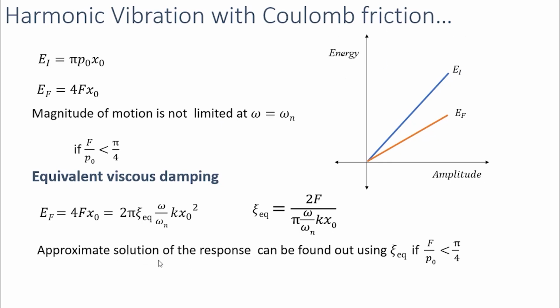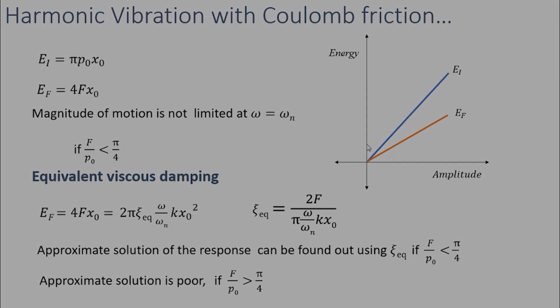This approximate solution is accurate only if this F by p naught ratio is less than pi by 4. If the friction in the system is large and F by p naught is higher than pi by 4, then the approximate solution calculated using this equivalent viscous damping will be poor. So this gives an accurate result when the damping in the system is low.